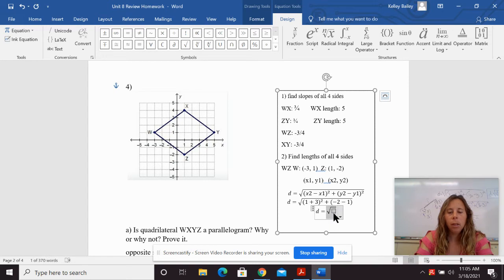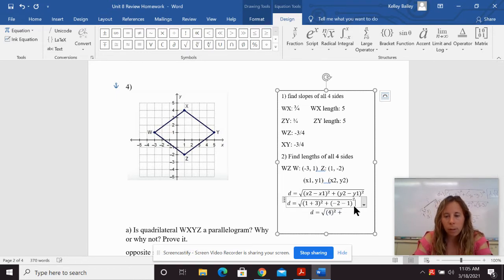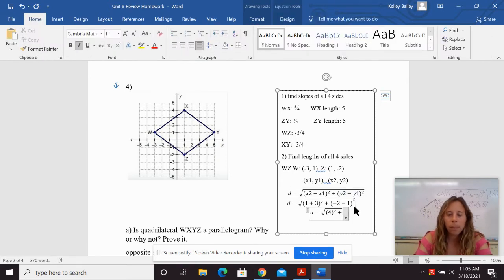So that is 4 squared plus -2 minus 1, which is -3. Oh, I forgot my squared over here. Okay, actually, that's fine.